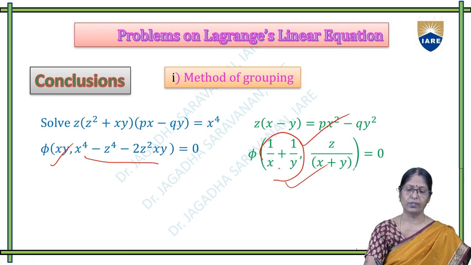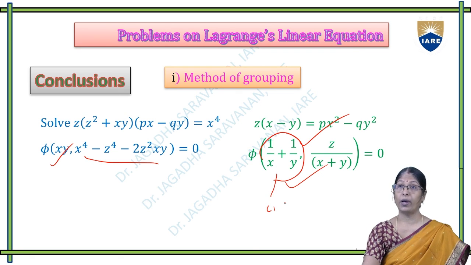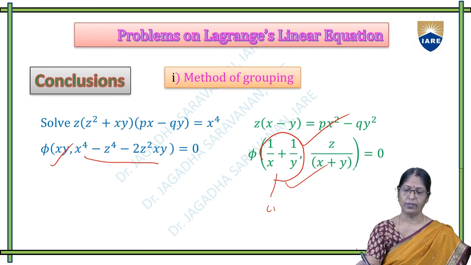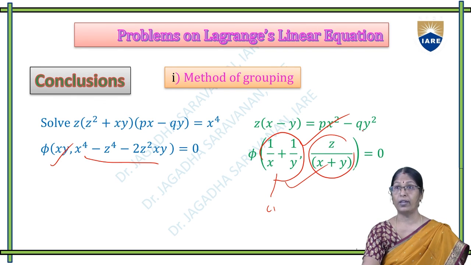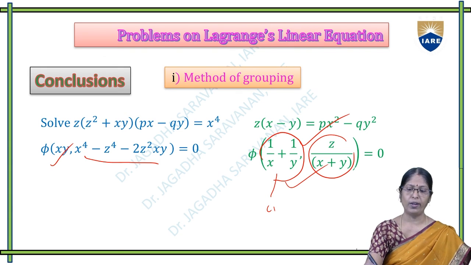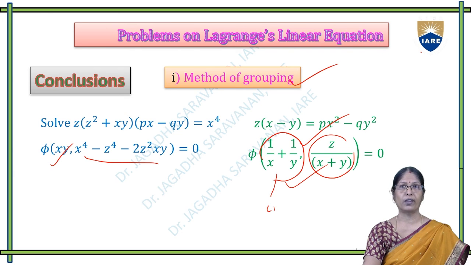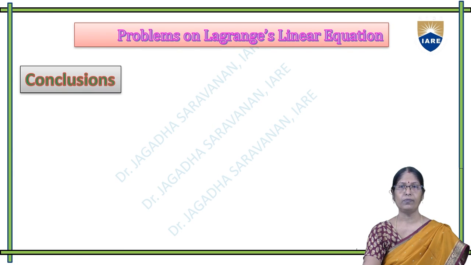This is C1 equal to 1 by x plus 1 by y. This is C2 equal to z by x plus y. The general solution is phi of 1 by x plus 1 by y, comma, z by x plus y equal to 0. So under method of grouping, we discussed two problems.